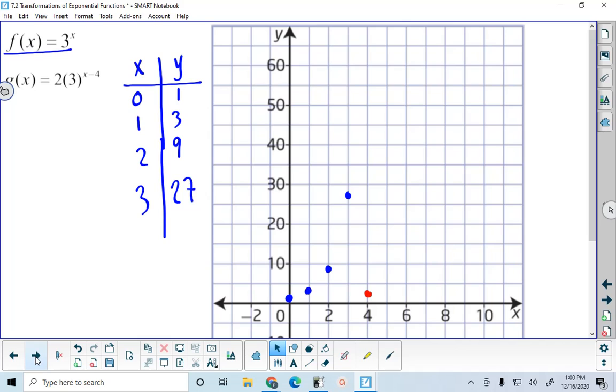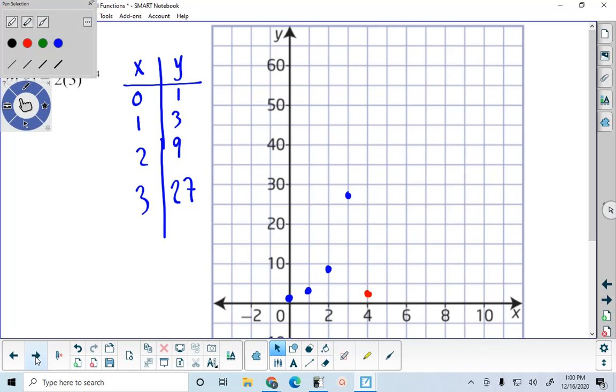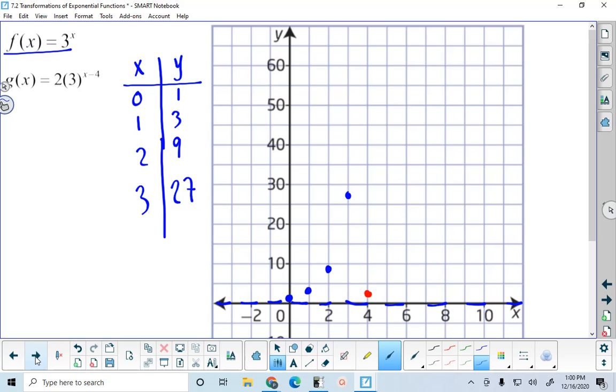Now before we go on, the blue graph has an asymptote that's on the x-axis. Can somebody tell me why the new graph will still have an asymptote on the x-axis?